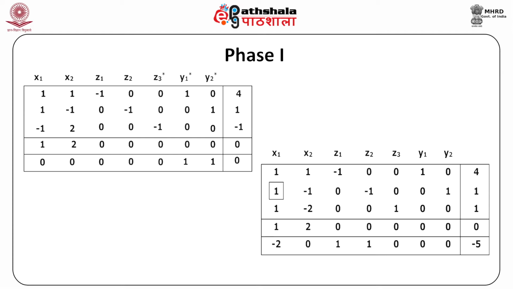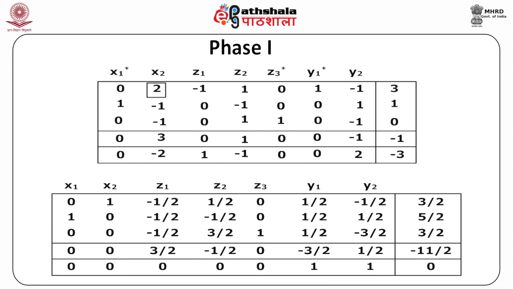Second, the phase 1 objective row contains non-zero entries above basic feasible variables y1, y2. So we need to subtract the first and second rows of the simplex tableau from the bottom objective row. As you can see from the tables, we now proceed to optimize this tableau whilst treating the additional objective row as though it was just an additional constraint.